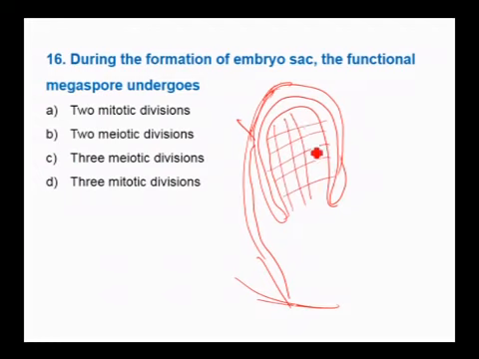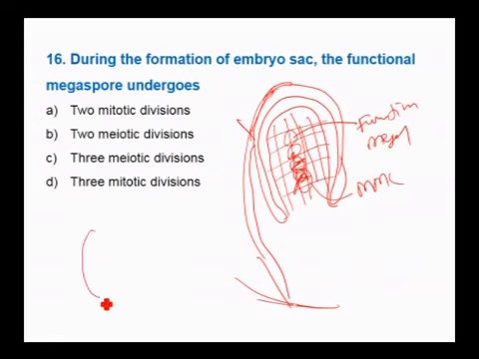The entire thing is sporophyte. One of the cells towards the micropyle differentiates into the megaspore mother cell. This divides meiotically to produce a linear tetrad of megaspores. Out of them, 3 will disappear and the remaining one is called the functional megaspore.